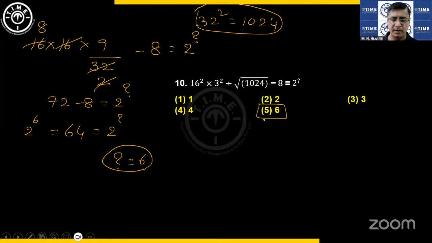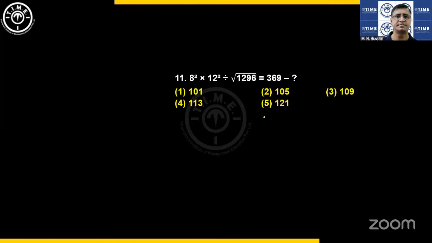Okay. Now moving to the next example, question number 11. 8 square into 12 square. 8 square means 8 into 8. 12 square, that is 12 into 12. Of course, 8 into 8 is 64, 12 into 12, 144.